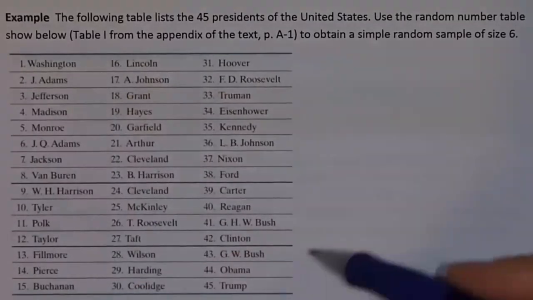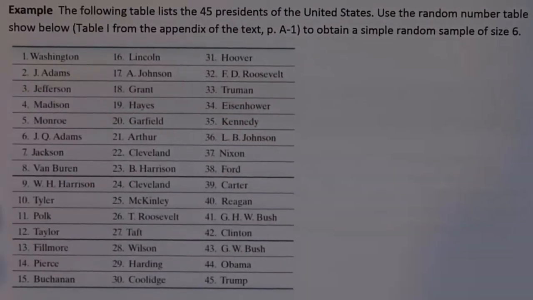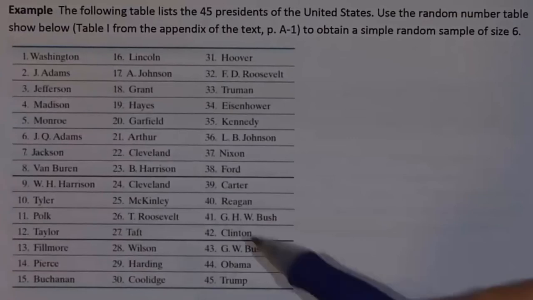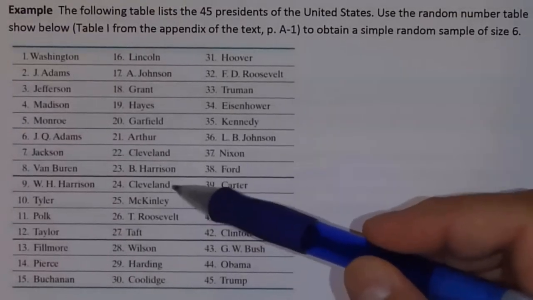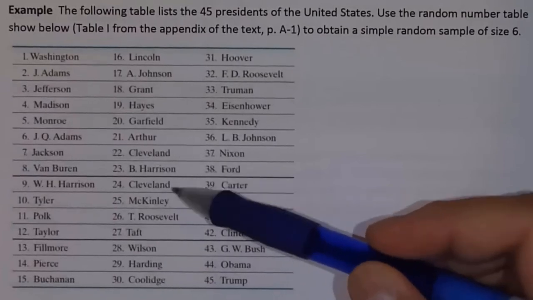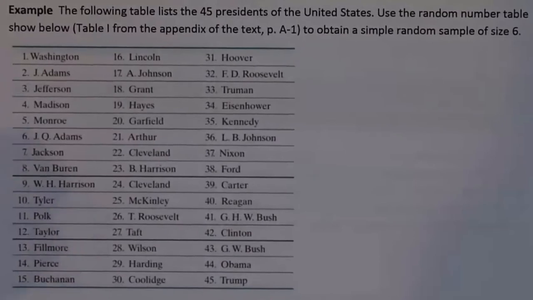So here we have our individuals in our population. We have a relatively small population. Again, it's 45 individuals. Now, I will point out that number 22 and number 24 are the same individual, Grover Cleveland. Grover Cleveland's the only president who was, to this point, elected to be president in non-consecutive terms.